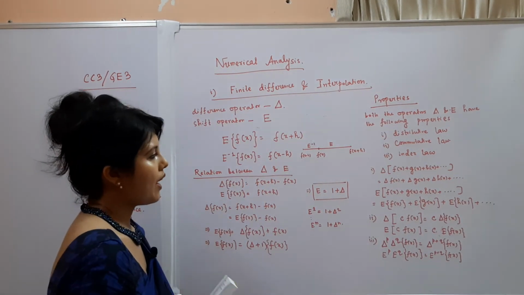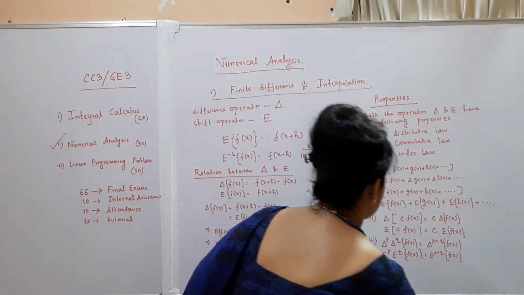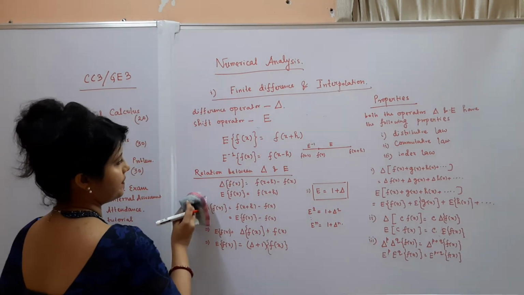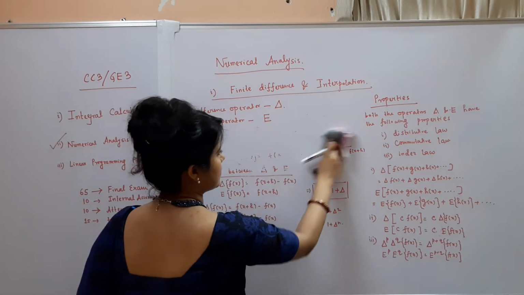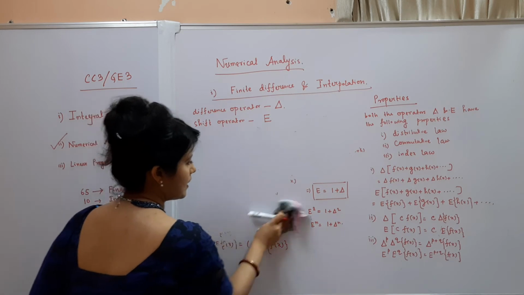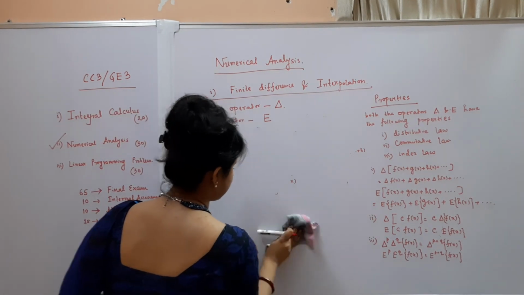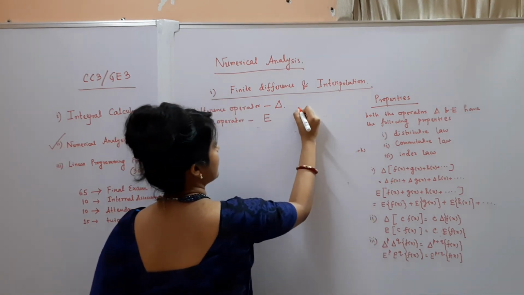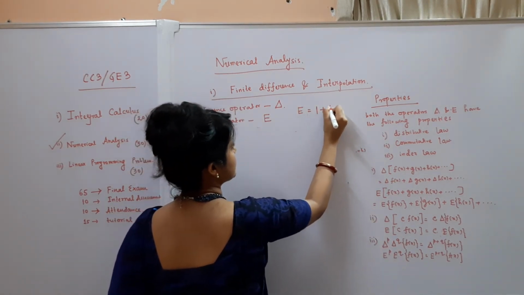Now I am going to discuss a very important problem. This problem is really very important because it has already appeared in your past exam papers. So just remember that E is equal to 1 plus delta.